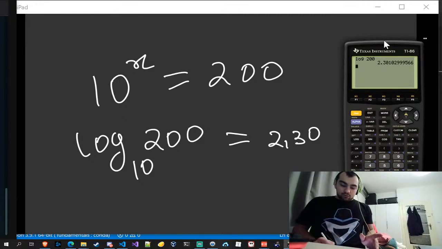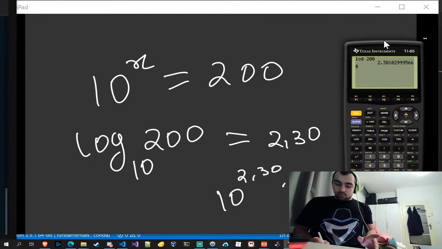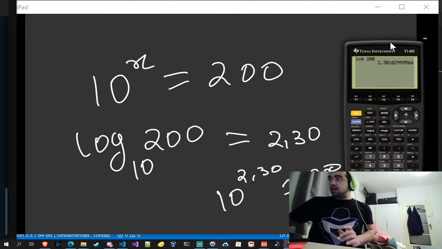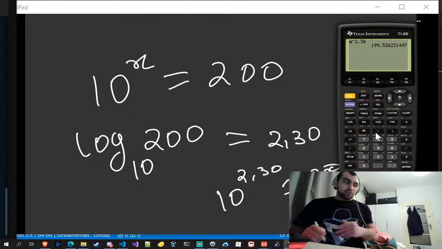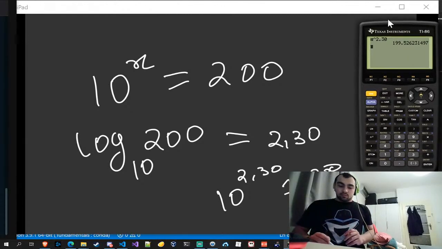Now, how can we test this? If we do 10 raised to the power of 2.30, it should be approximately equal to 200. Let's test this out. 10 to the power of 2.30 gives 199.52. Yeah, we didn't take all the digits from here.